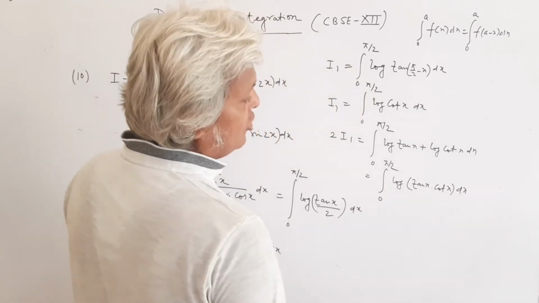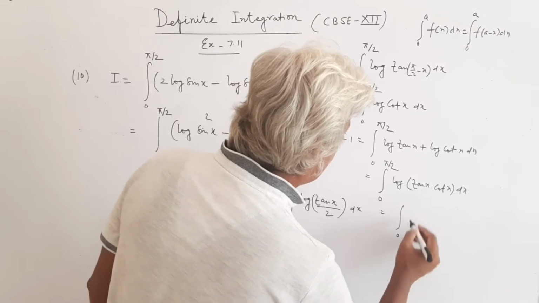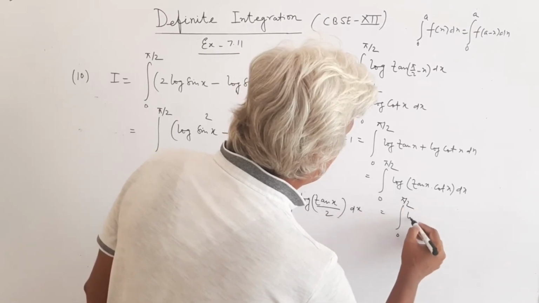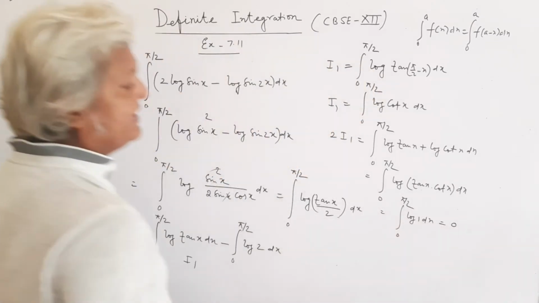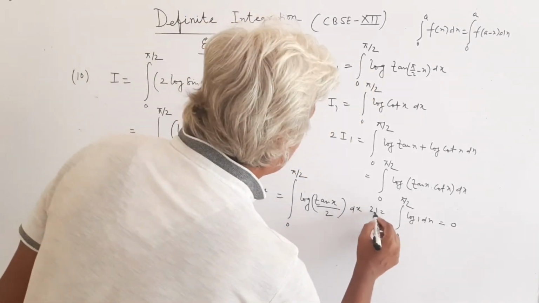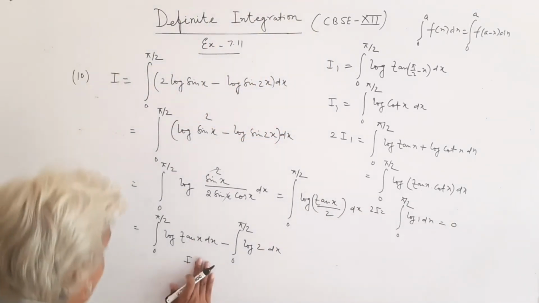Now tan x into cot x is 1. So this part becomes integral from 0 to pi by 2 of log 1 dx. And what is log 1? That is 0. Means the integral of 2 I1 is 0, means I1 is 0. Means this integration is giving me value 0.